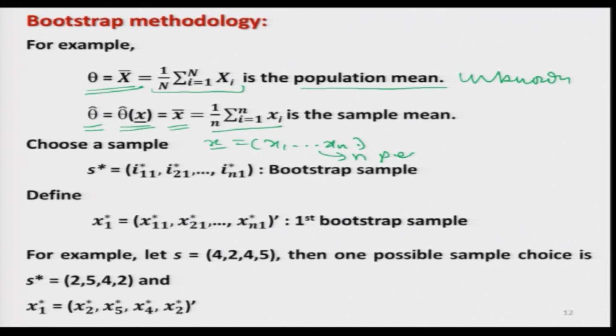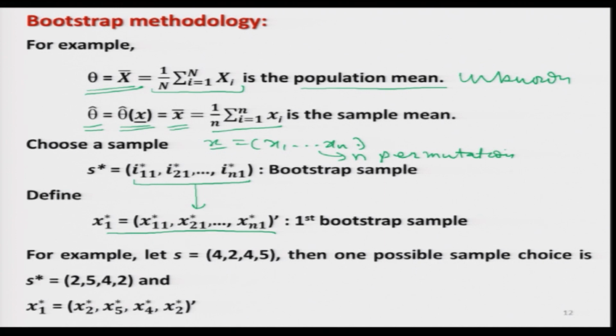So, basically I am trying to choose a permutation of n values, and whatever is my permutation, that will give me the value of my first sample. So, suppose this is a rearrangement of small n numbers, and then corresponding to these numbers I choose the value of the corresponding x, and which is going to create my bootstrap sample. So, x1 star is going to give me the first bootstrap sample.